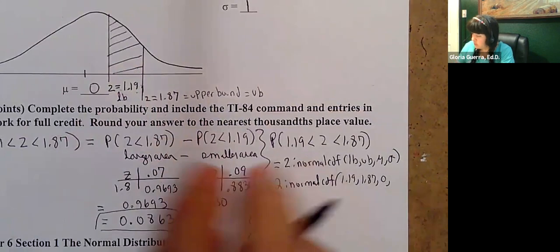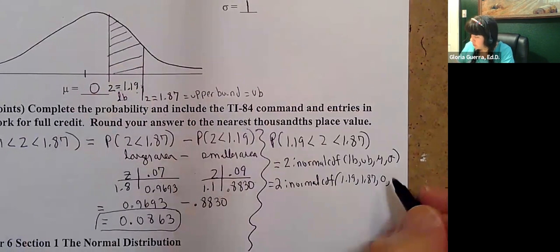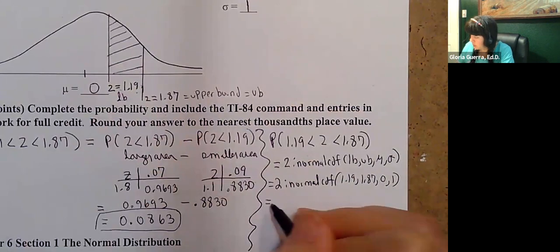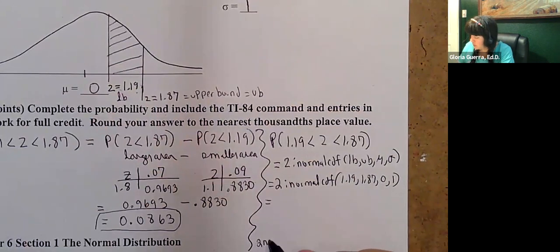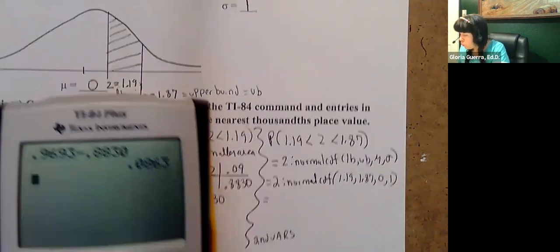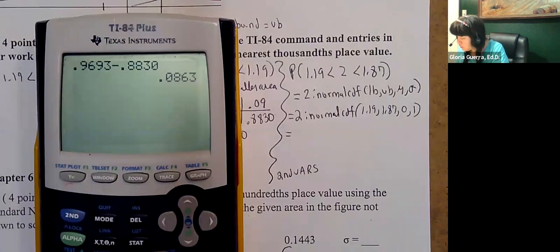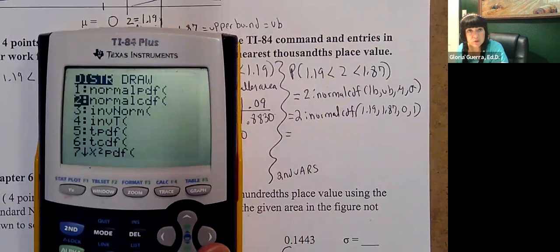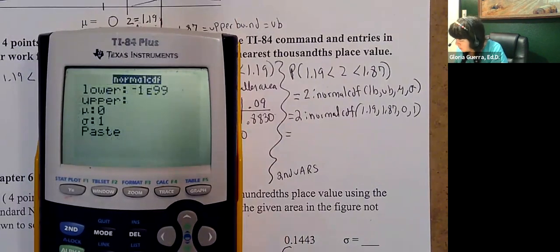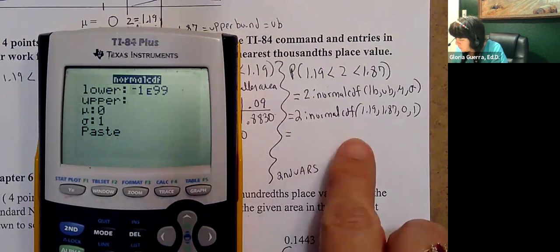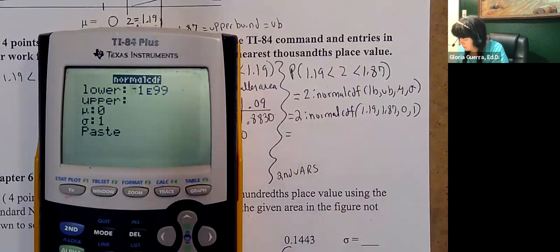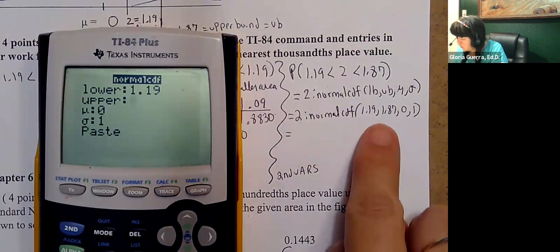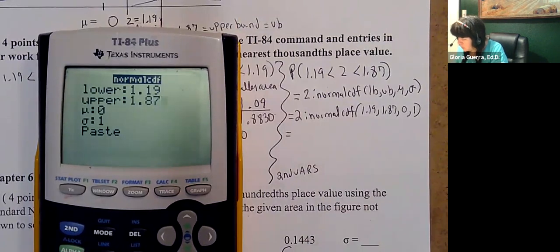Mu is 0, and sigma is 1. And that's 2nd vars, number 2. So you don't need any shortcuts for this one. The lower bound is 1.19, the upper bound is 1.87, 0 and 1.